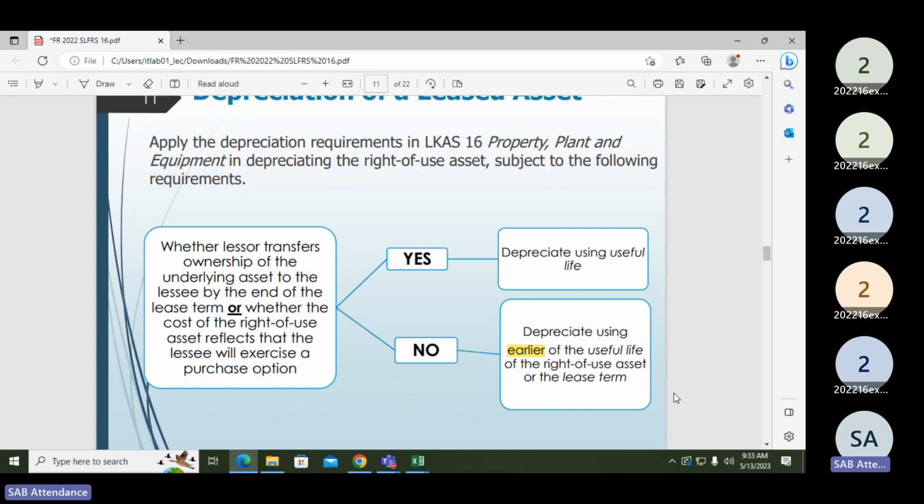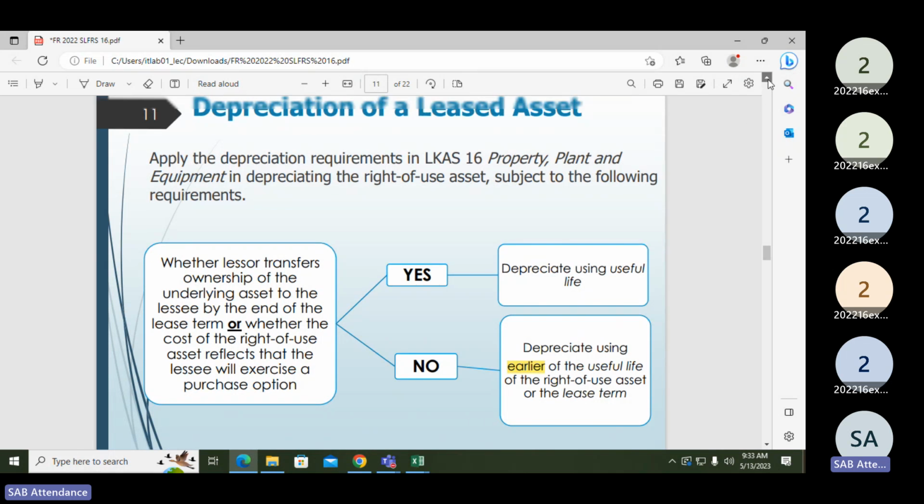If ownership does not transfer, then the useful life is 7 years, but the lease period is only 5 years. After that, you can't use it. If ownership is not transferred to the lessee, you have to give up the asset. So then you have to depreciate over the shorter, earlier period, that is the 5-year lease term. So that is the condition.